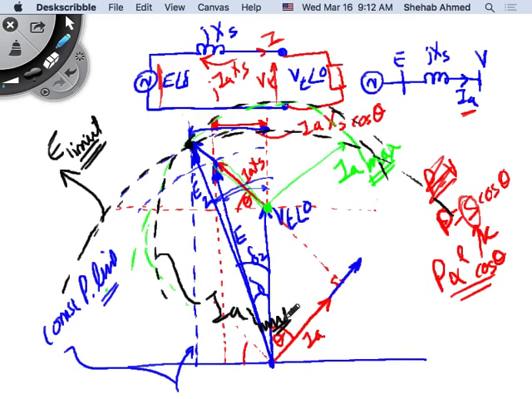Armature current is what you're delivering to the load at the end of the day, right? So these limits, I have to operate below this, and I also have to operate below this. And they intersect, right? So you will have to operate within this and within this one.